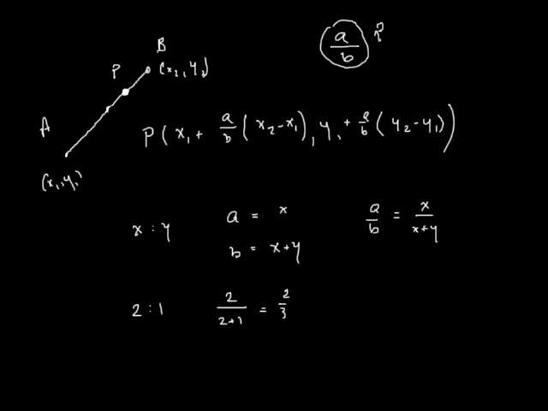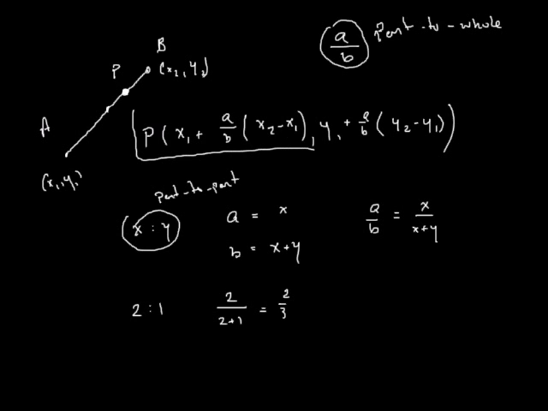This here is a part to whole fraction, while this one over here, x to y, is a part to part. Now again, one more time, in this formula over here, to find point P and its coordinates, you can only use part to whole as your fraction.